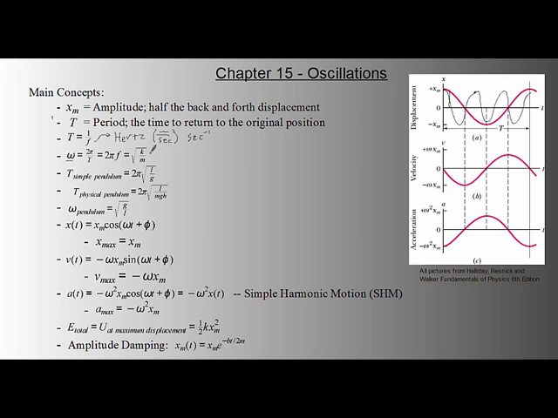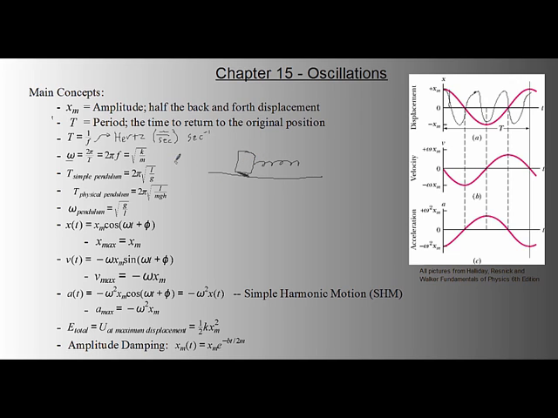And then when we are dealing with something like a mass hanging on a spring and oscillating back and forth, then we can also quantify the angular frequency of that. So if you have a block on a frictionless floor, attached to a wall with a spring, and this block is going back and forth, the mass and the spring constant help determine the angular frequency.